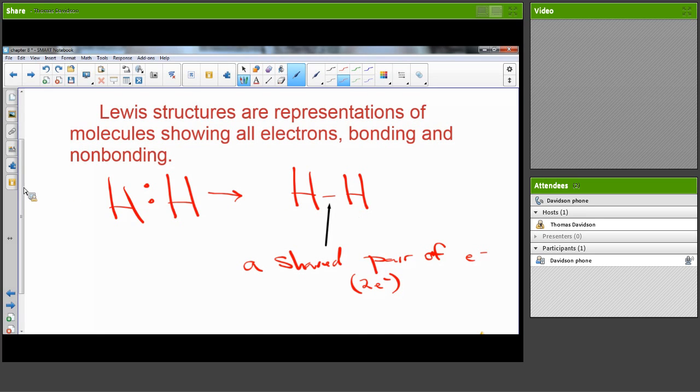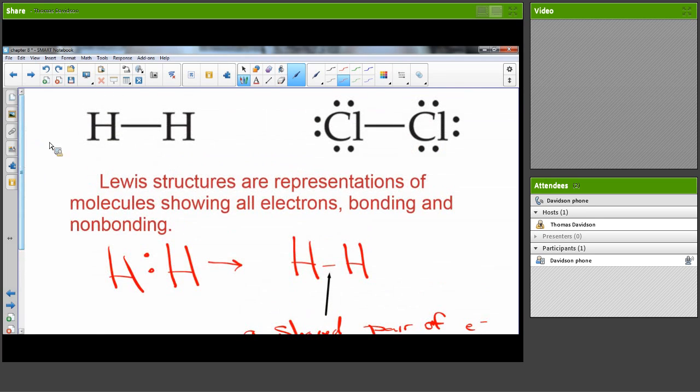Well, guess what? Lewis structures, they're amazing, and we normally only do them with covalent bonds. You can draw them for ionic bonds, but generally speaking, you would put it this way. Anybody know why? I told Windsor this yesterday.